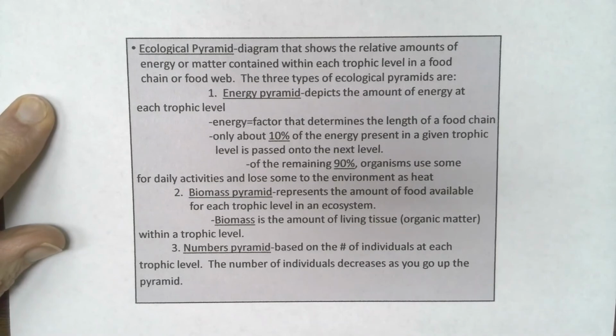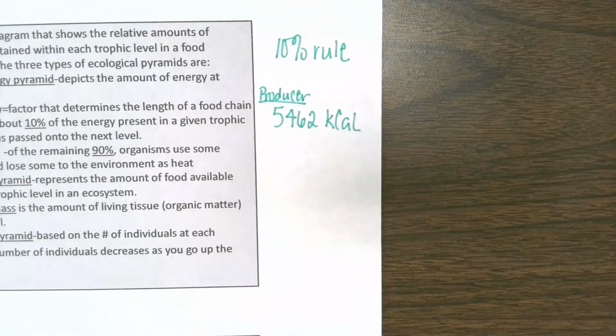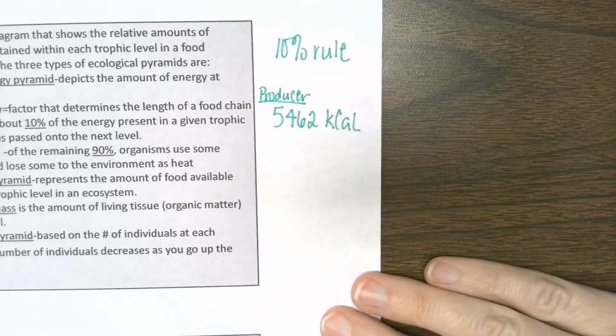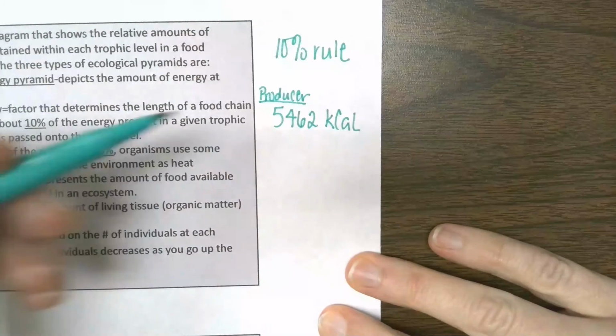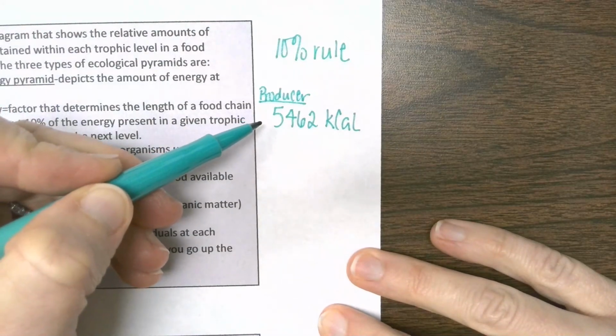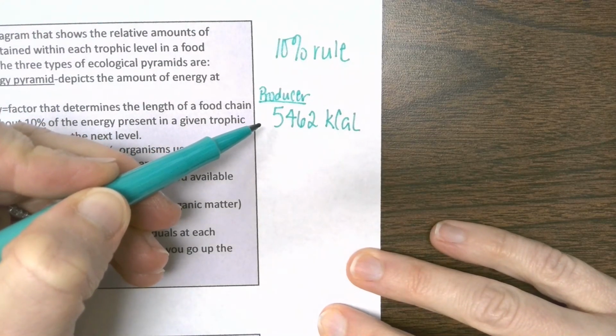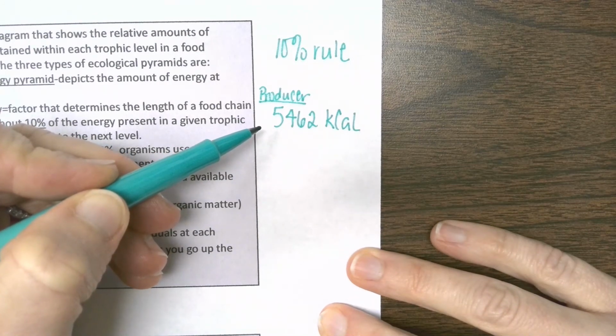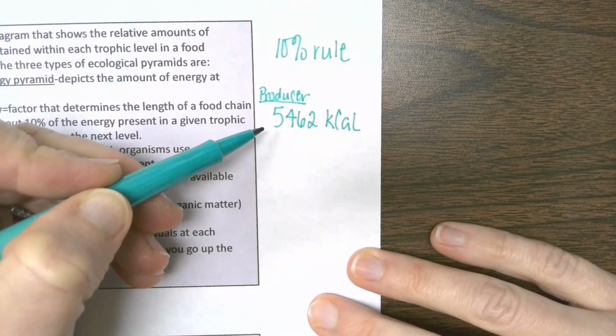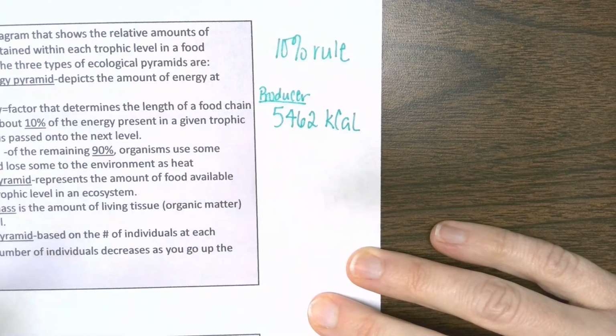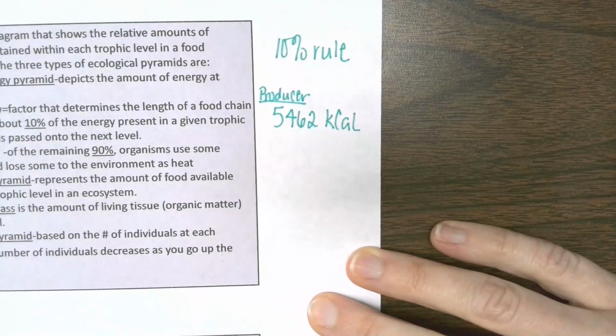So let me give you an example real quick. Let's just pretend, and I just totally made this number up, that at the level of the producers in a given food chain or food web, there's 5,462 kilocalories of energy available, right? So let's go with the picture with the algae and the shrimp going up to the polar bear, okay?